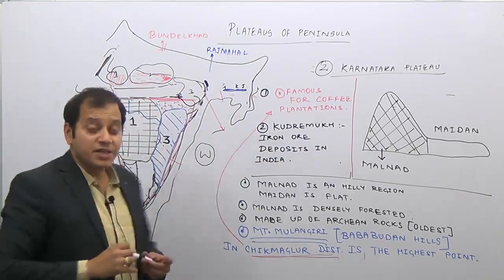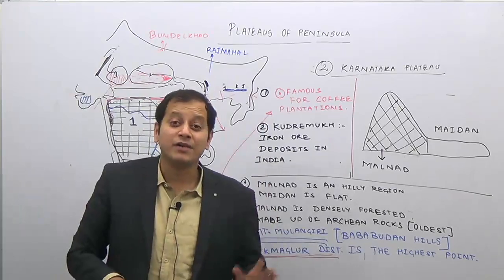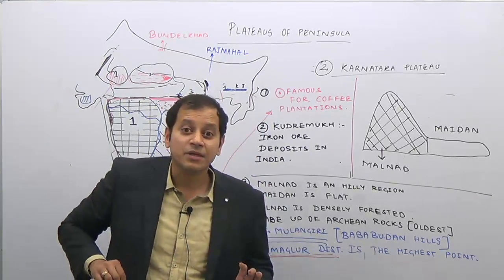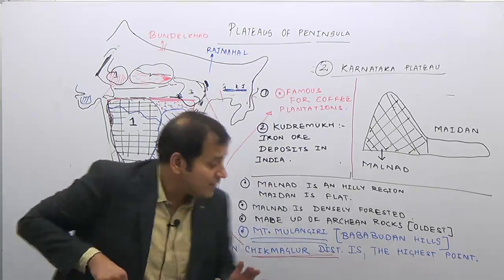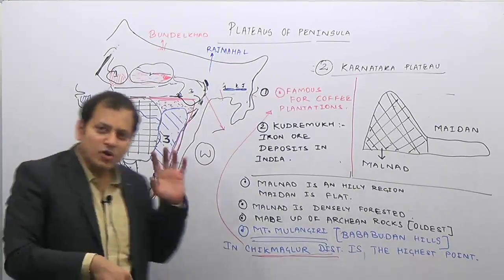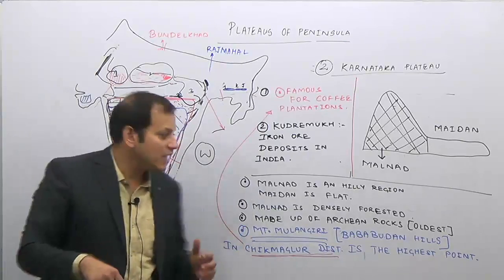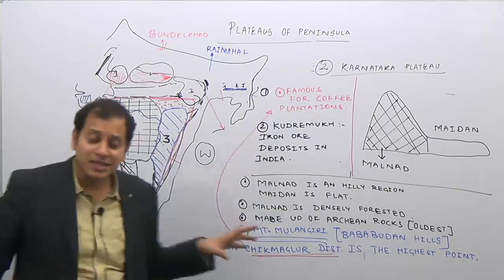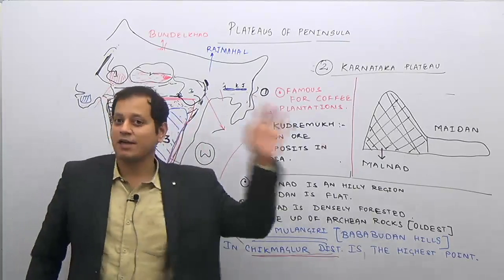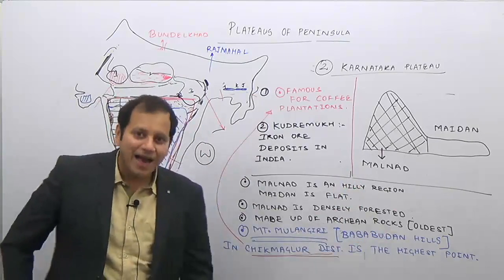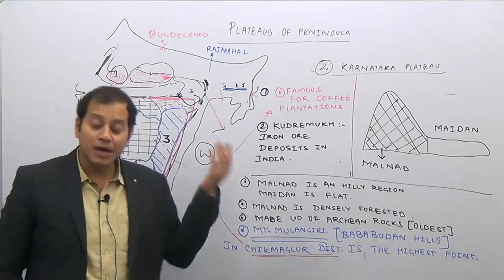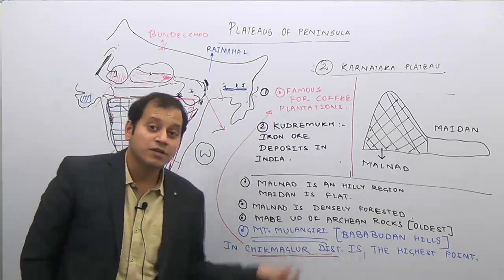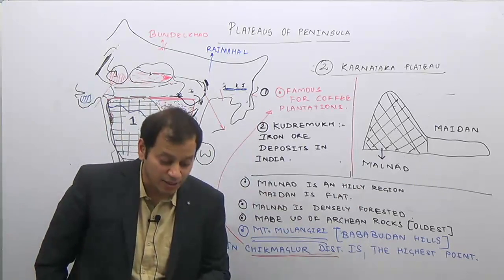The iron ore is so rich that most of it is exported to Japan. So remember the Baba Budan Hills, Chikmagalur district, coffee, and also the Kudremukh iron ore mining company, one of the richest iron ore mining centers in India.